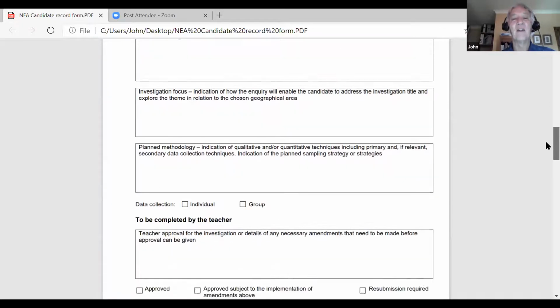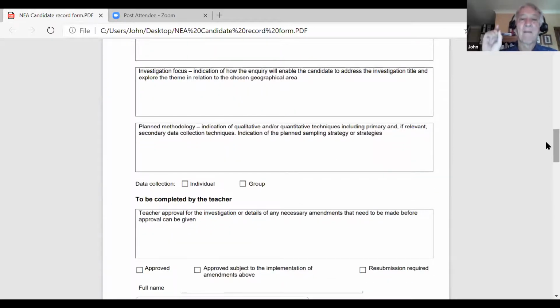But then the important thing for you now, before you start, is the planned methodology: the techniques you're going to use, the data collection, the way you're going to sample it, the way you're going to present it, and the analysis techniques you're going to use.